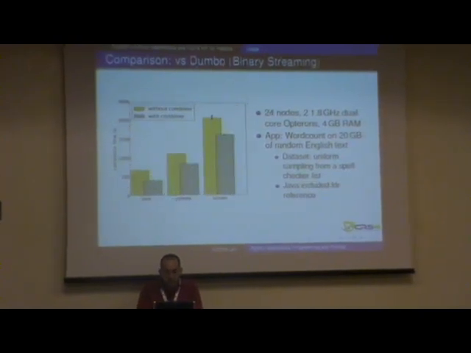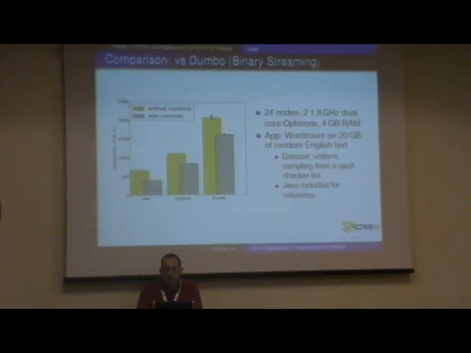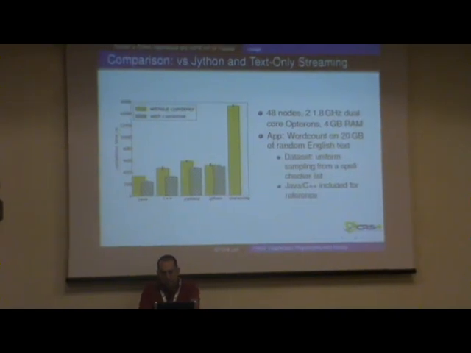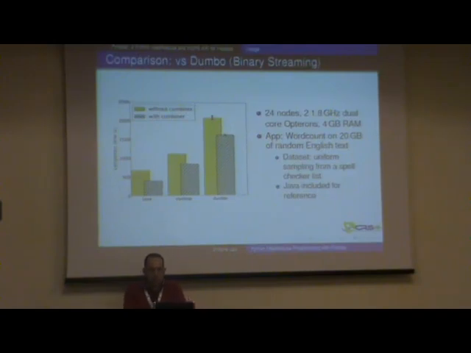We also compare Pydoop to Dumbo. There is a difference here because Dumbo's authors submitted a patch for streaming, which allows the use of binary records, and this makes things better. As you can see, it's much better than plain streaming with plain text records.